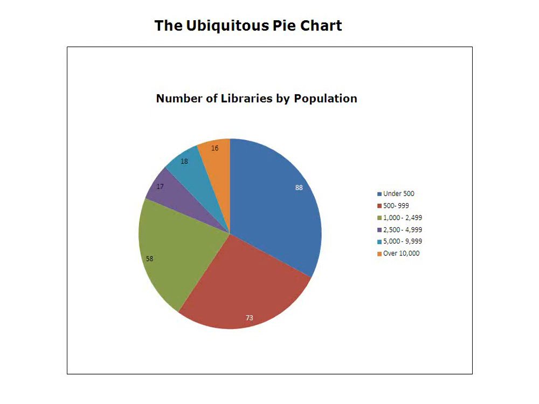So you've got your whole, in this case the total number of libraries in the state, and you're just showing how they're divided up by population. So you have a slice for each one of these population ranges.